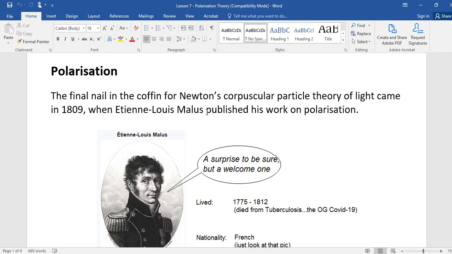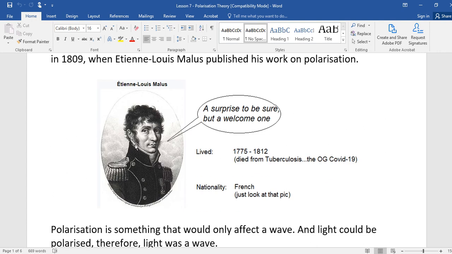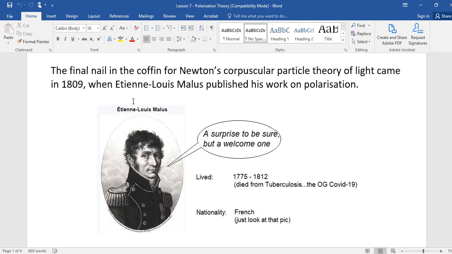Young did his double slit experiment to show that light is pretty much a wave. And then this was another bit of evidence for light as a wave: polarization. This is something that you can only do if it was a wave. This is the guy that we're looking at today, and his name is the Frenchest name ever, Etienne Louis Malus.